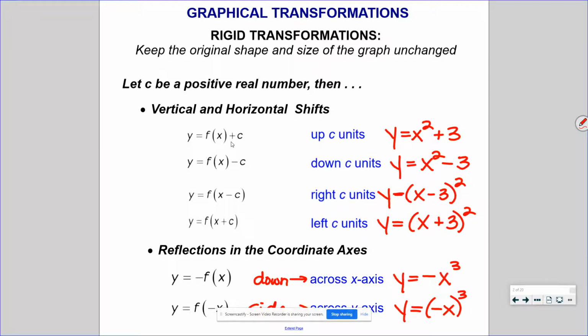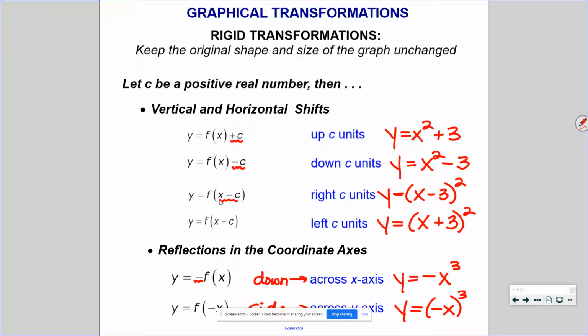But the big takeaway that will be the most helpful is that if you have a number being added or subtracted, or a negative applied to the outside of your function, that indicates some sort of vertical movement, where either it's up, down, or a vertical flip over the x-axis.